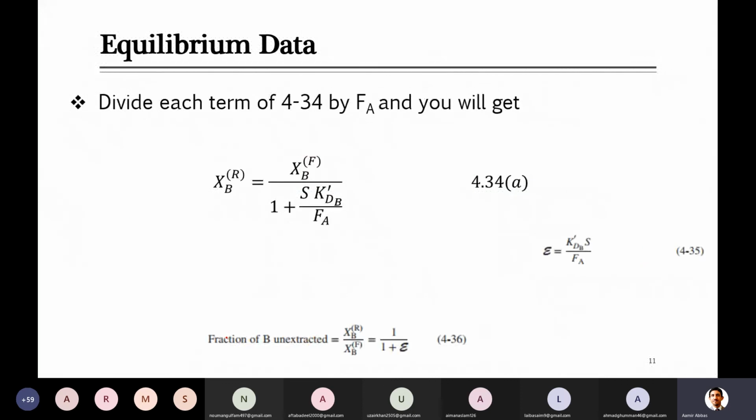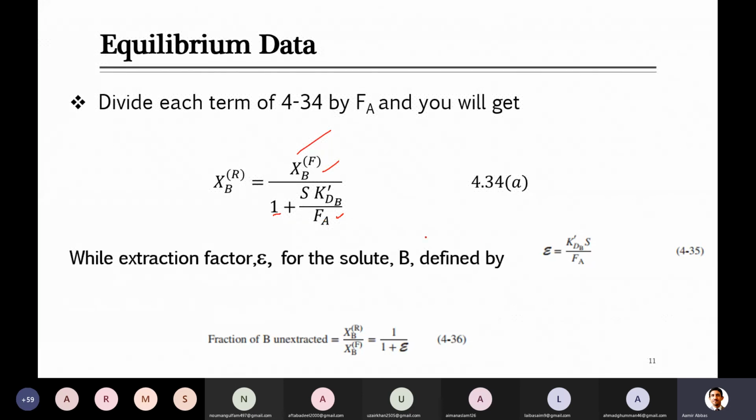So when you divide, you get this equation in that 1 plus, because here FA was cancelled, and here FA will appear as a denominator. S is the flow rate of the solvent C, Kb is the distribution coefficient for component B, and FA is the flow rate of component A in the feed or the raffinate side.